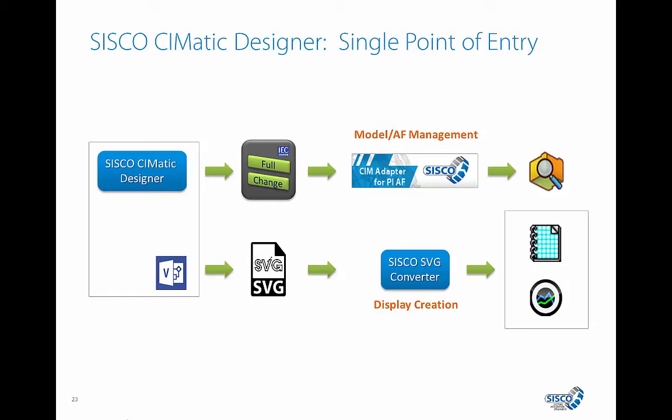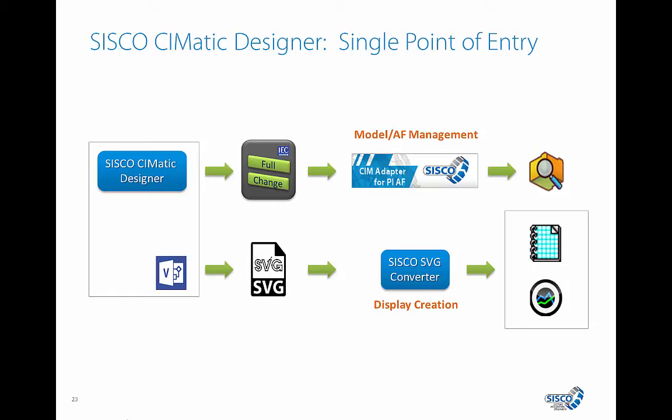As part of that effort to create a single point of entry, SISCO developed a SISCO SVG converter capability that can take a Visio-generated SVG file and convert it into PI ProcessBook or PI Coresight SVG.